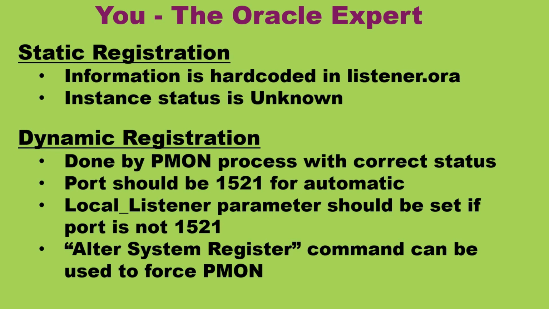The port should be 1521 for automatic and dynamic registration of the instance by PMON. The local listener parameter should be set if the port is not 1521. And in case of any issues where the PMON process is not able to dynamically register the instance or the services, you can use the alter system register command to force the PMON to register the instance with the listener.